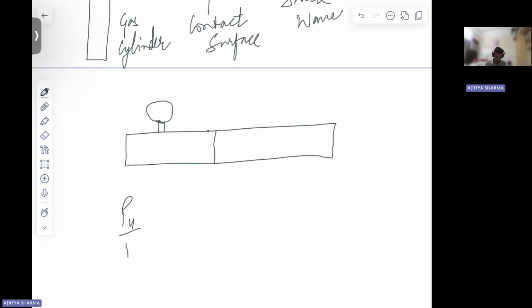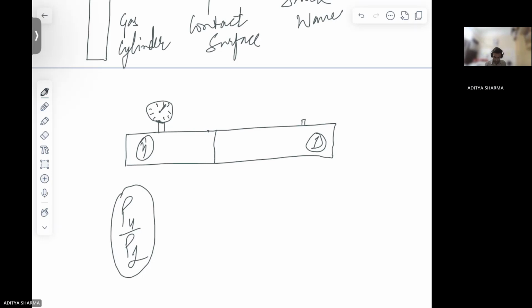Because from P4 by P1, so this is region 1, this is region 4, from this ratio we can get Mach. From P4 by P1, we can get the theoretical Mach number, right?